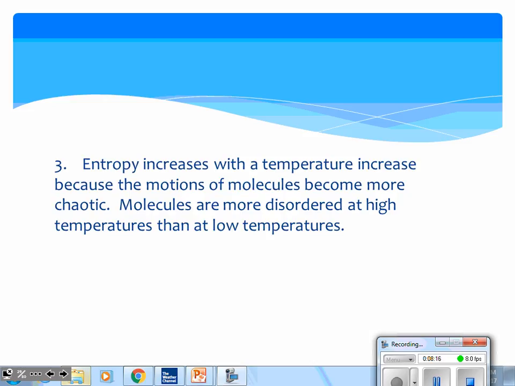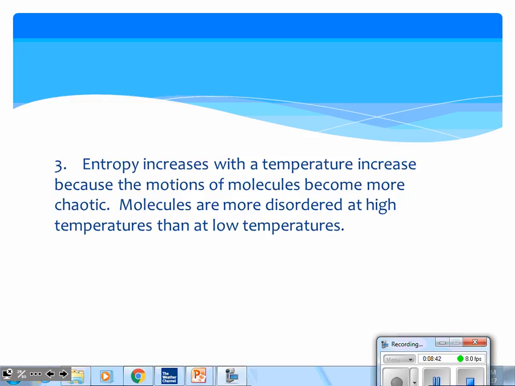We talked about that just a second ago, that those molecules are moving greater at higher temperatures than they are at lower temperatures. Thus, increasing temperature increases the amount of disorder or chaos and will therefore increase the amount of entropy.